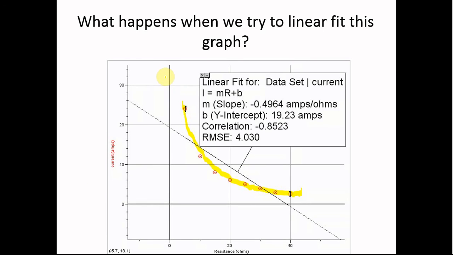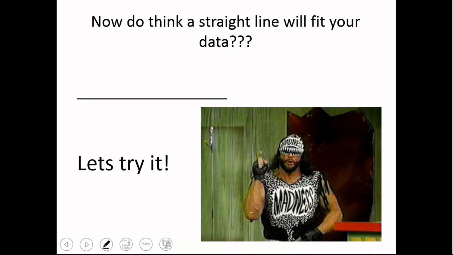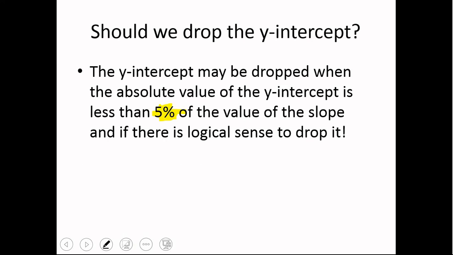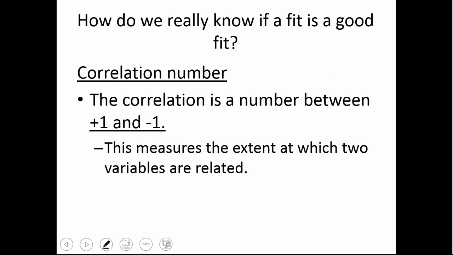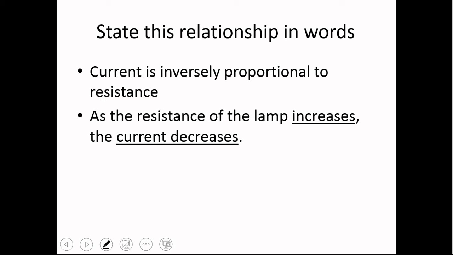So let's look at the original data and compare those two. The original data's correlation is -0.85 versus 0.9995, and 0.9995 is much closer to 1 than -0.85. So we go with our second fit based on our correlation, and that gives a statistical argument.